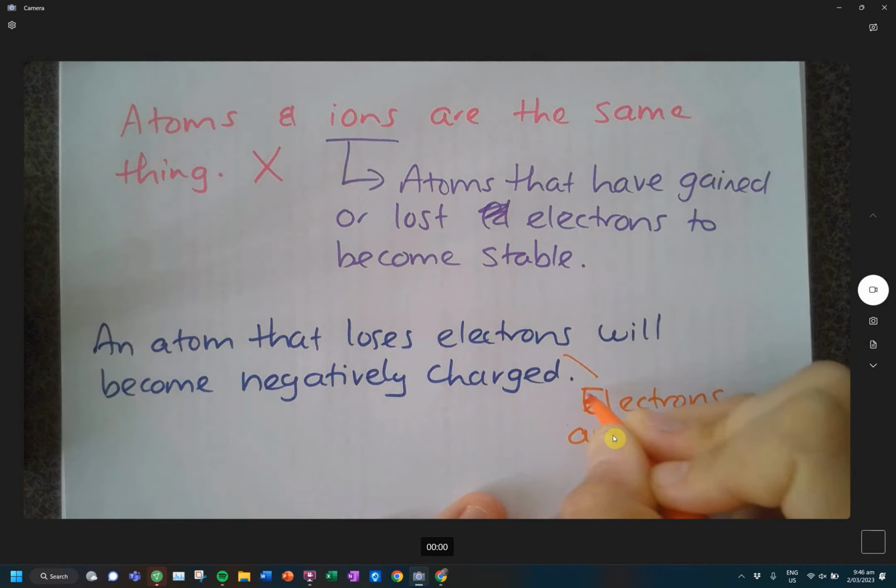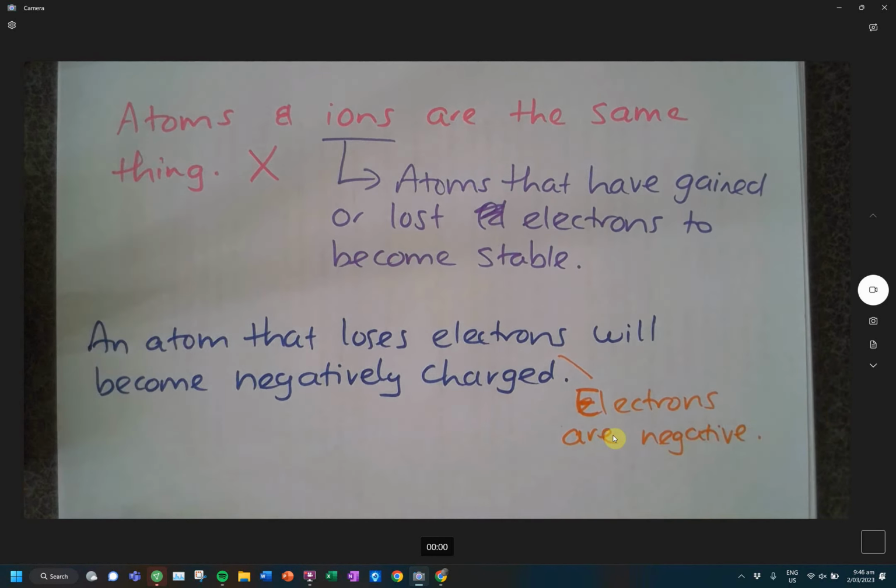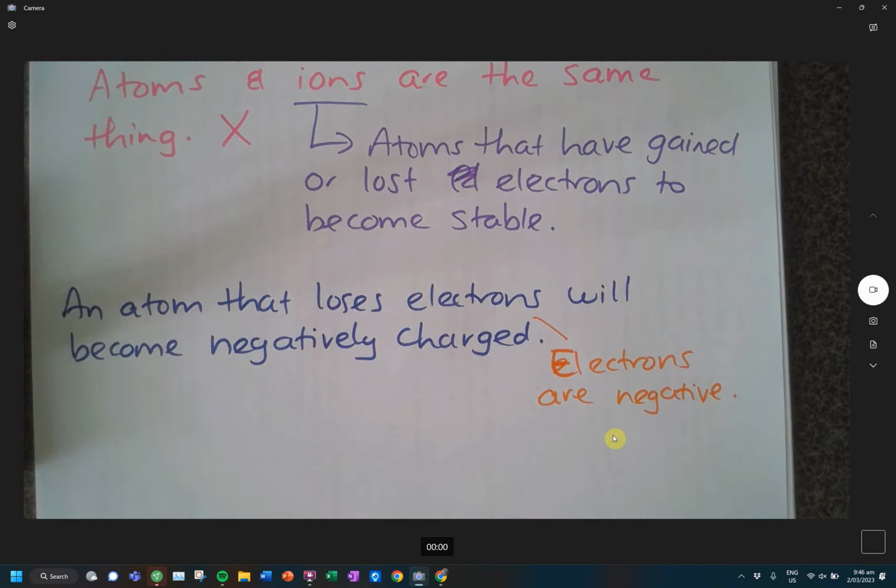The thing we have to remember is that electrons are negatively charged. If I lose a negative charge, I then become more positive.